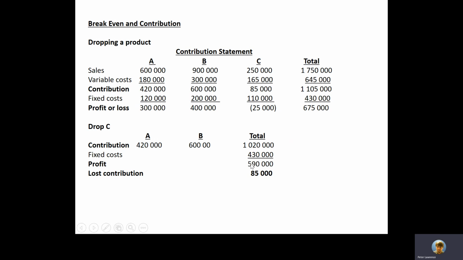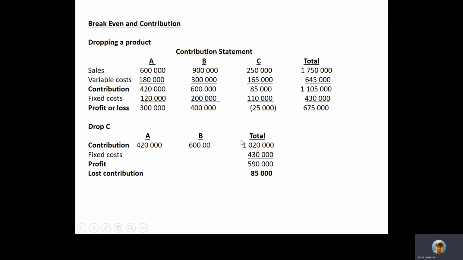So our profit would only be £590,000. The difference between making all 3 and dropping C is 85,000, which is the contribution that C provided. So unless you can get rid of those fixed costs, you would need to keep making C.